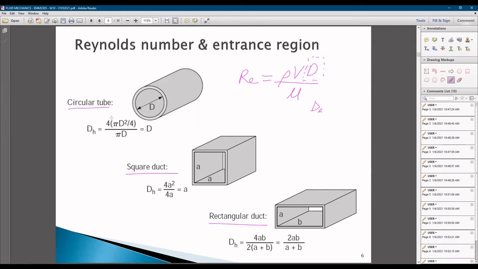So for a circular tube, it is very simple, where you just take the diameter of that particular tube. However, for a square duct, you might need to just stick to one of the edges. And for a rectangular duct, you may need to use this approach.